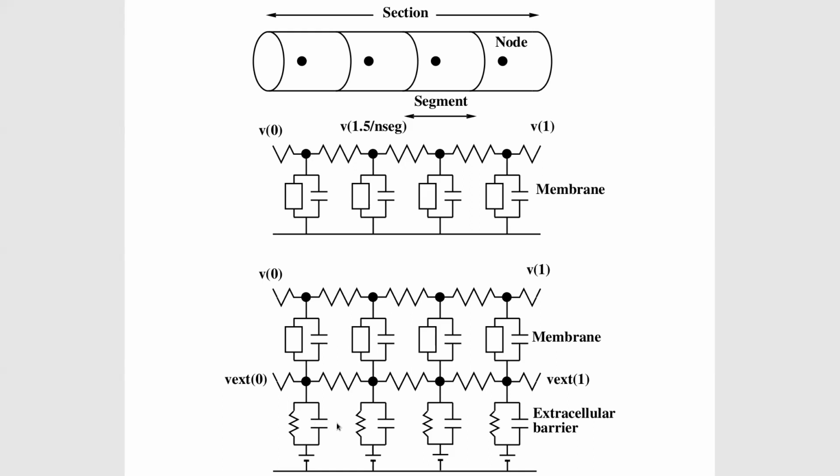So the extracellular mechanism can be used to represent myelin, that is to say, the myelin electrical effect for radial current spread, and these longitudinal resistors in the vext layer represent the longitudinal resistance in that immediate gap right next to the membrane between the myelin and the membrane. And of course, those longitudinal resistors would have a very high value.